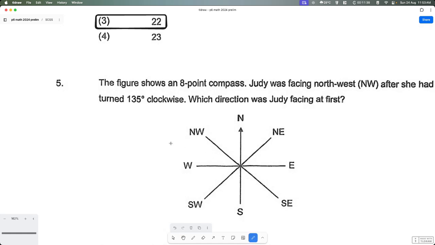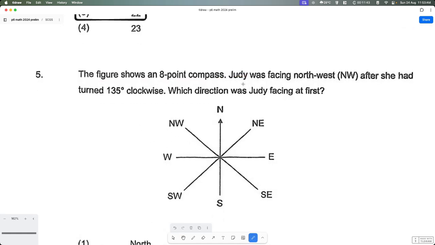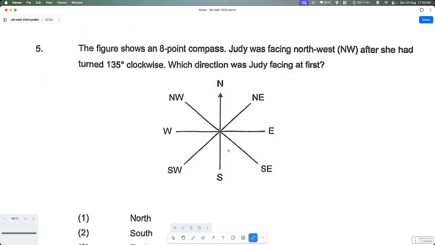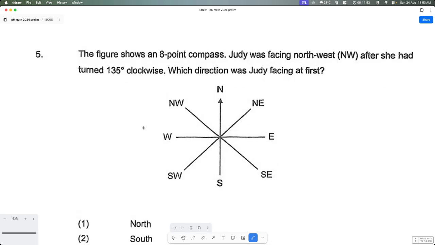Question number 5 says: the figure shows an 8-point compass. Judy was facing northwest after she had turned 135 degrees clockwise. 135 is basically three-quarters of a turn, sorry, one half is 180.